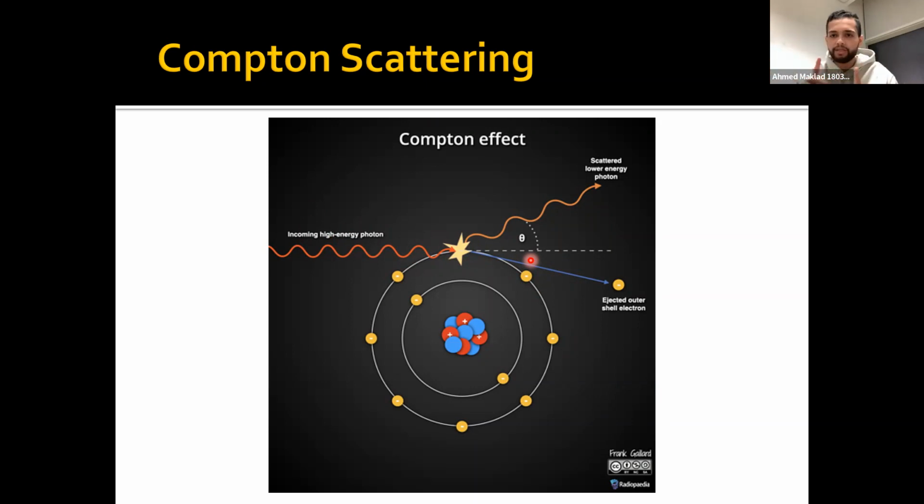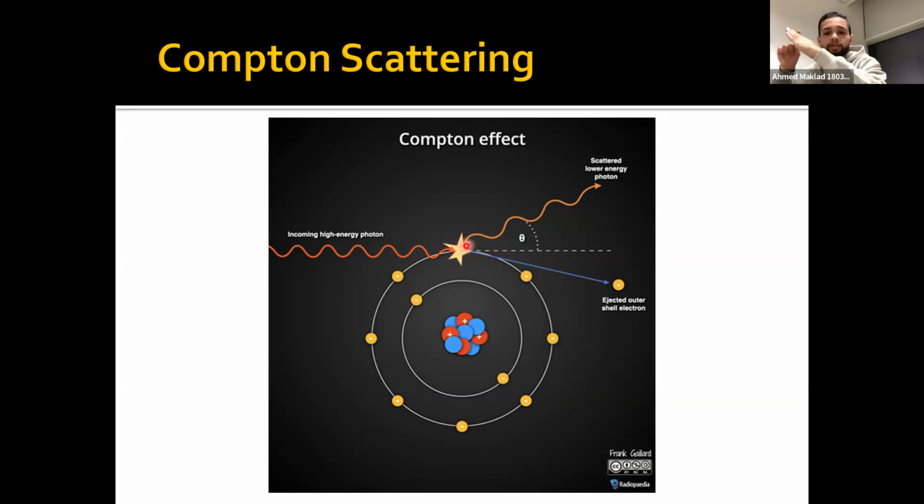But what happens is this photon is stronger than the electron. So this photon right here is higher in energy than the electron in the outer shell. So this photon will come to do two things. It will knock out one electron, just straight out, and then it will bounce.